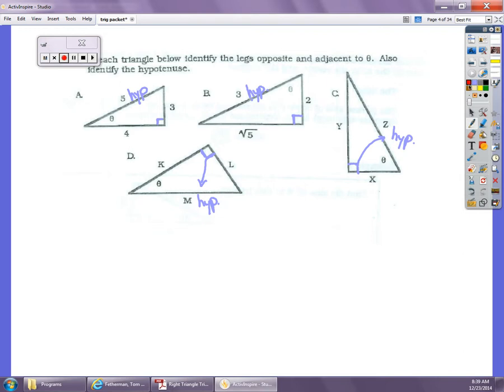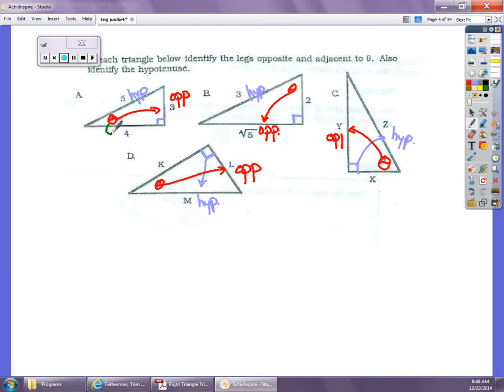Now we can go to opposite. Here's theta, opposite. Here's our angle, that side's opposite. Which means the last one's going to be adjacent.